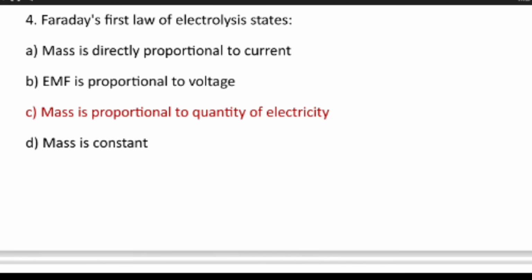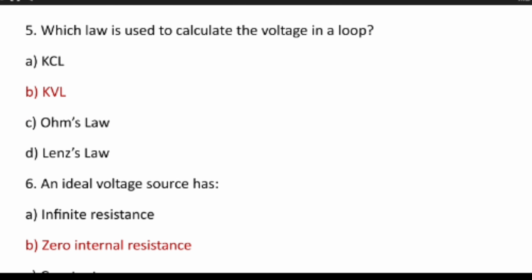The next question is Faraday's first law of electrolysis states, option C, the mass is proportional to the quantity of electricity. Fifth question: which law is used to calculate the voltage in a loop? Option B, KVL, Kirchhoff's voltage law.